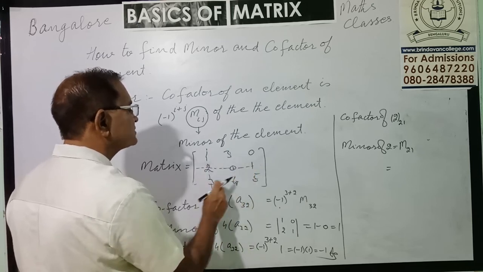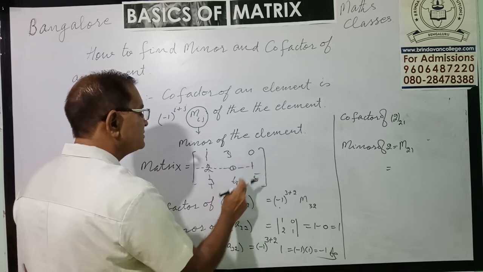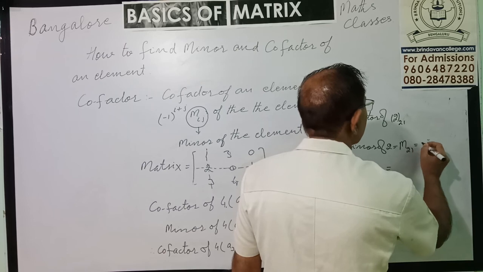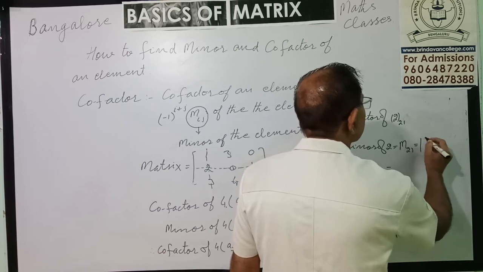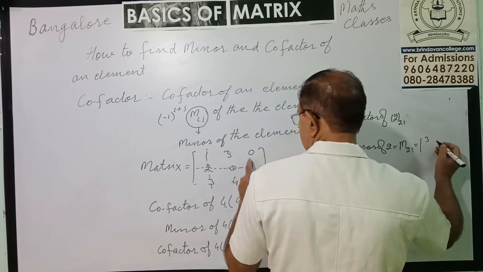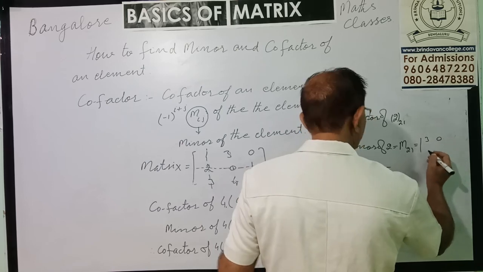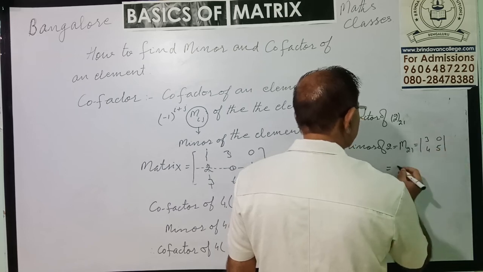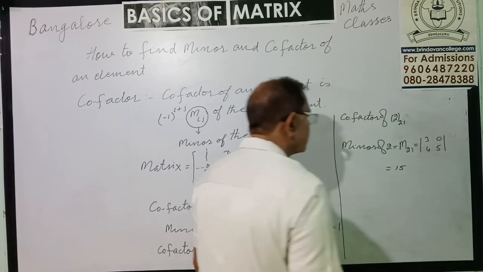We are left with 3 0 4 5. Its determinant will come out to be 15 minus 0, that is 15.